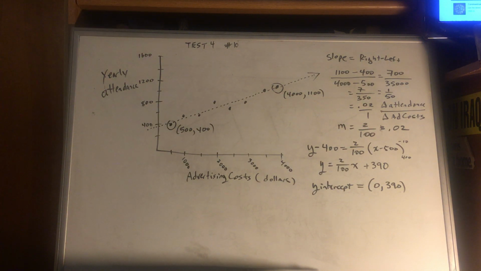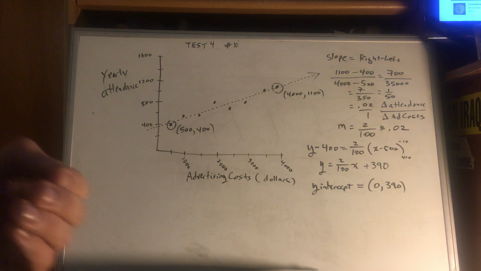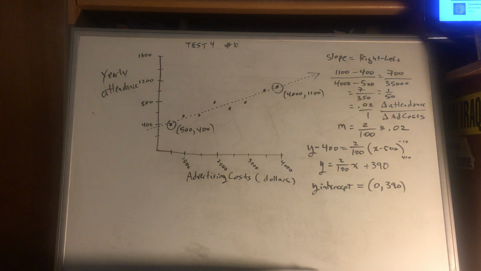So the overall trend is the more money you spend on advertising, the more people you will get coming to whatever event you want them to come to. Leaving aside the Warriors and 49ers and Giants, you don't have to advertise, they're going to show up. But this is just in general.